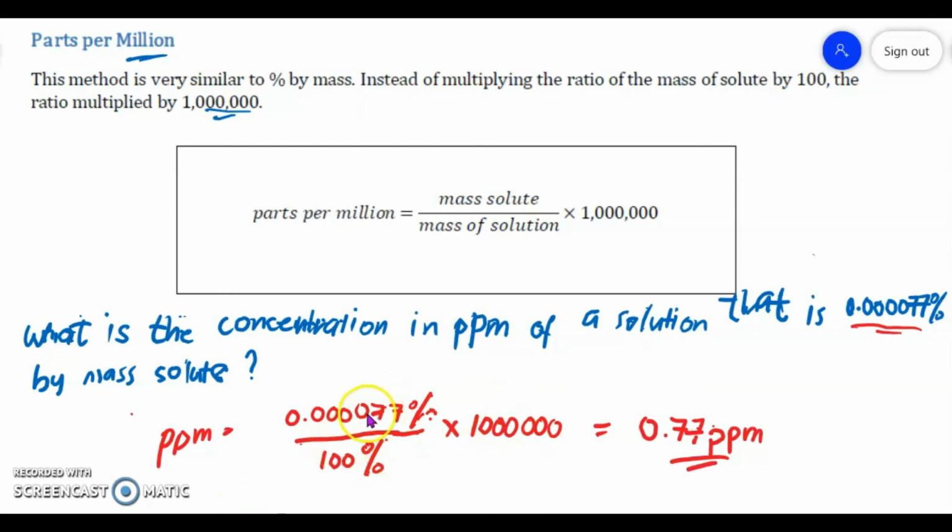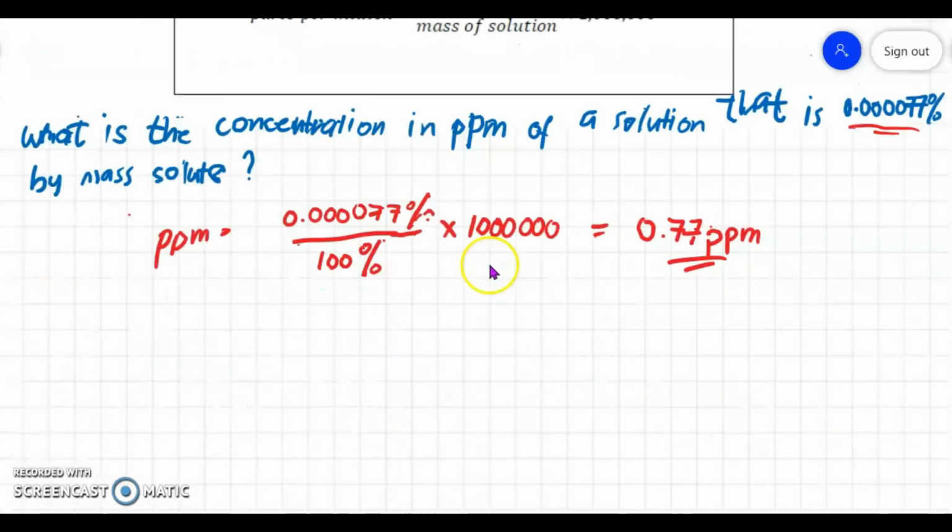Why did we derive this from the formula? We have 0.00077% divided by 100%, when what is asked is the mass of solute divided by the mass of solution.